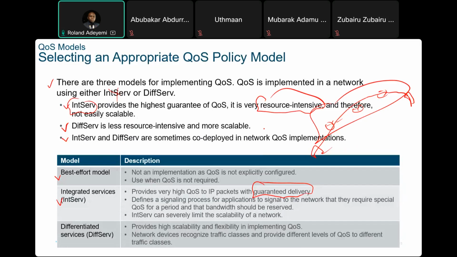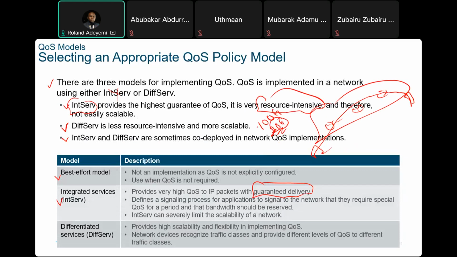So it's like you have 100 gig on your network from source to destination, and you decided to reserve 20 gig for a particular data traffic. Whether that traffic is available or not, that 20 gig is just sitting there wasting away.